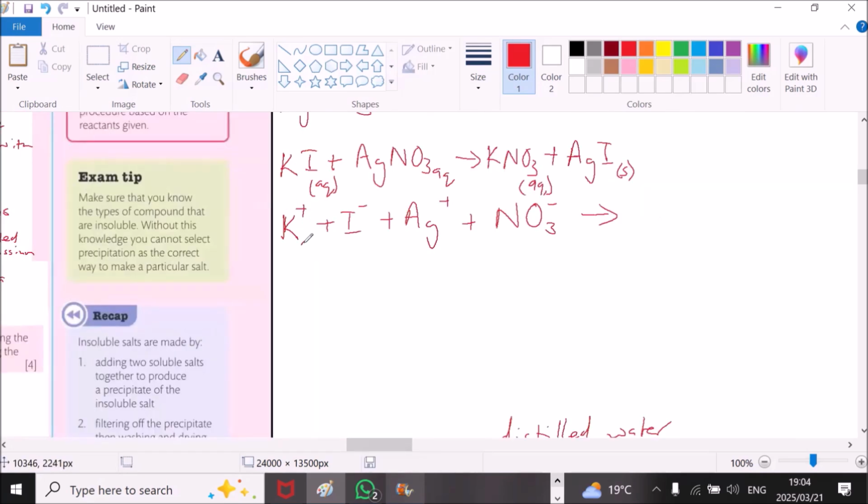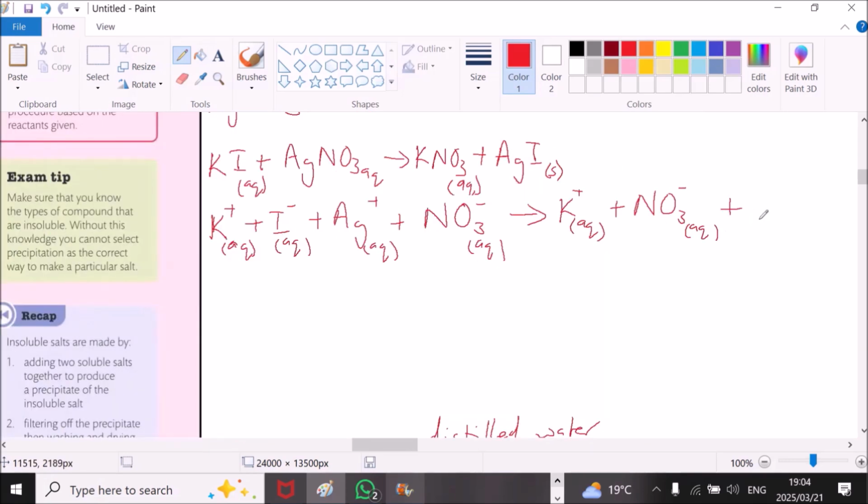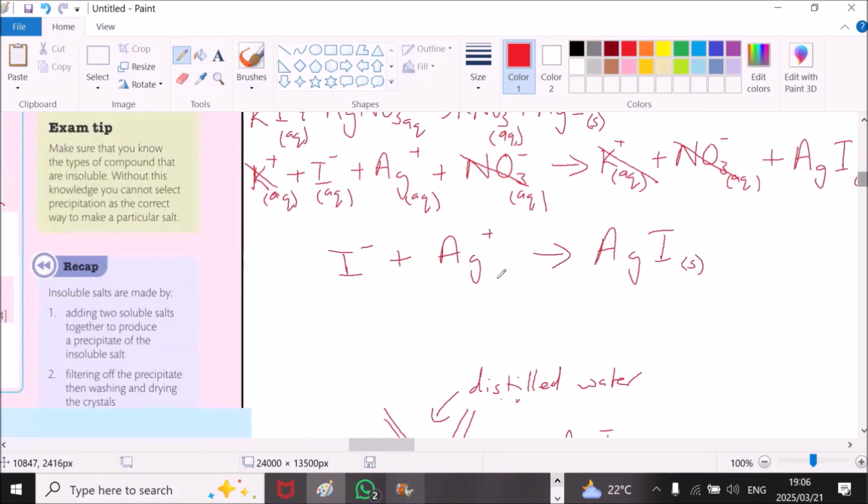These are all aqueous, or in solution. Then this will give potassium ion in solution, plus a nitrate ion in solution, plus a precipitate of silver iodide solid. Now we cancel the spectator ions. Potassium and nitrate ions are just spectator ions. So we have our iodide ion plus our silver ion to give us the silver iodide precipitate, which is a solid.